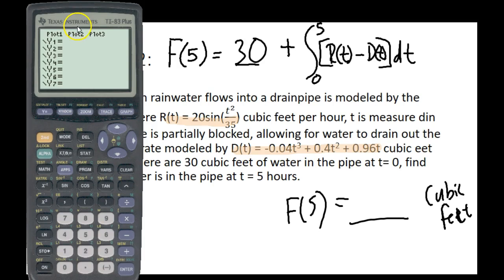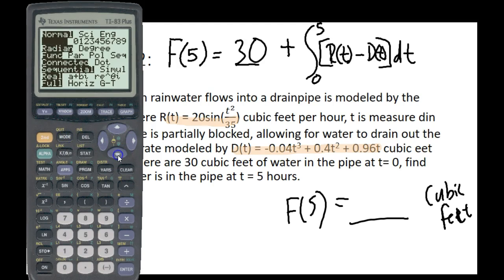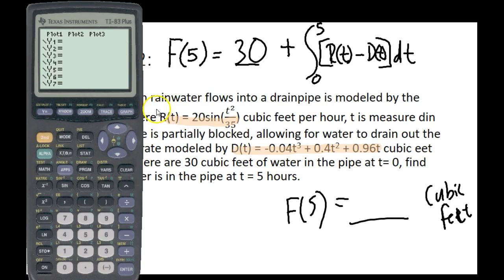And my pre-calc kids were using these calculators earlier, so you might want to push mode really quick and make sure we're in radians. If you're not, you might want to fix that. All right, anyway, back to the Y equals. So I'm going to type 20 sine t squared over 35. No, we're going to do x. The calculator likes x.